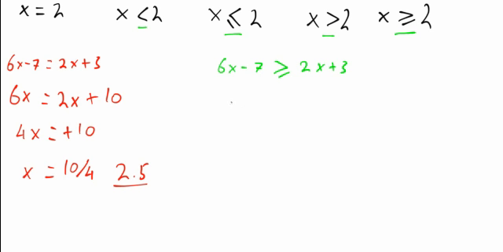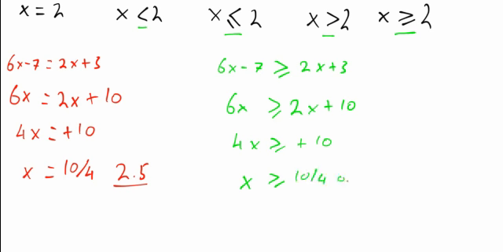We'll plus a 7 to both sides to get 6x greater than or equal to 2x plus 10. Same again, we minus 2x, so we'll have a 4x on this side greater than or equal to plus 10, divide by 4, x is greater than or equal to 10 over 4, or 2.5.